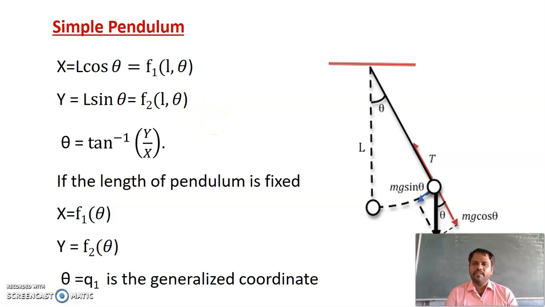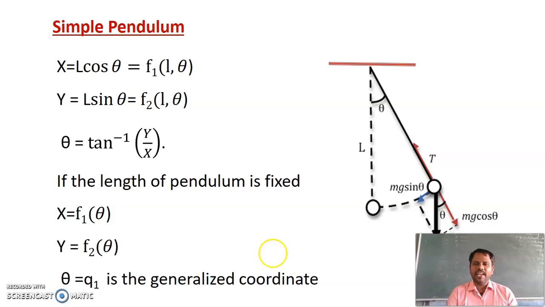The relationship between Cartesian and plane polar coordinates is theta equal to tan inverse of y by x. In plane polar coordinates, L and theta are sufficient to describe the motion of a simple pendulum.